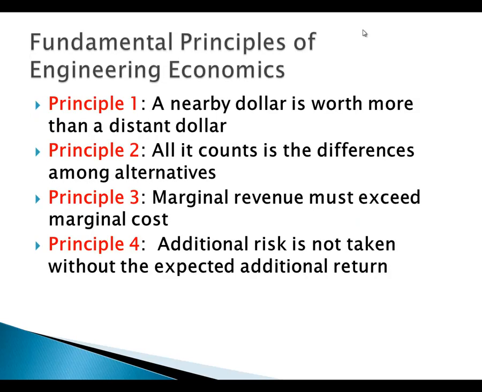From previous slides, we can conclude that the fundamental principles of engineering economics are: a nearby dollar is worth more than a distant dollar; all that counts is the differences among alternatives; marginal revenue must exceed marginal cost; additional risk is not taken without the expected additional return.